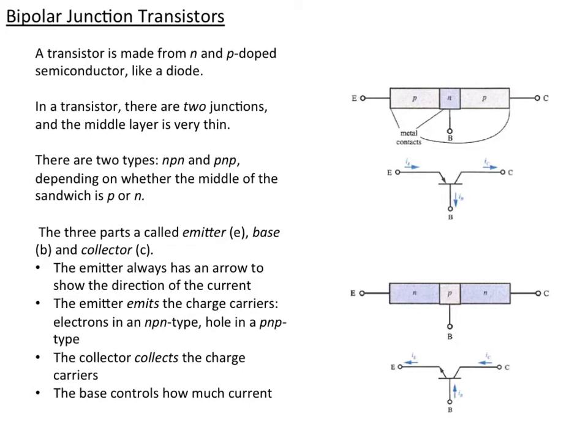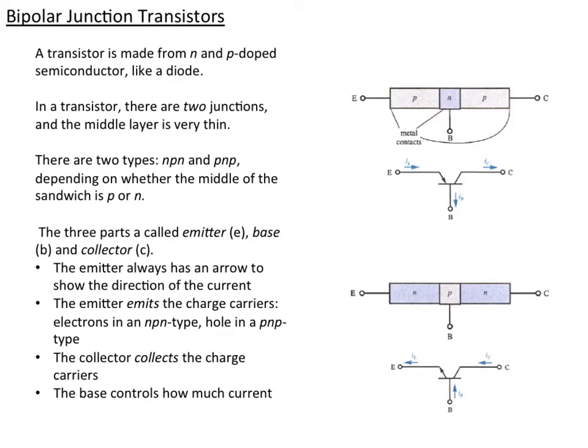So the PNP kind is shown here, and it has a symbol that looks like this, and there are three parts for each of the three types of conductors. The middle part we always call the base, and then the two side parts are the emitter and the collector.